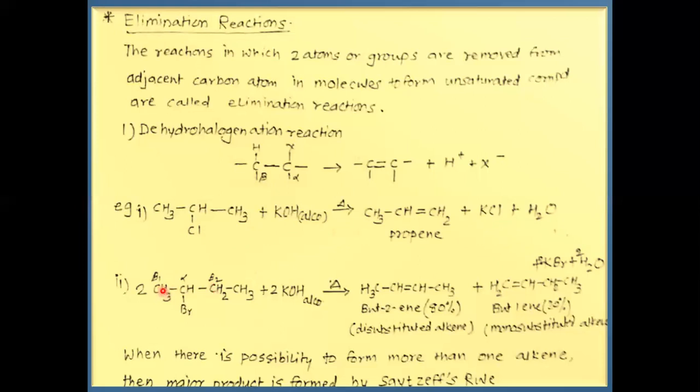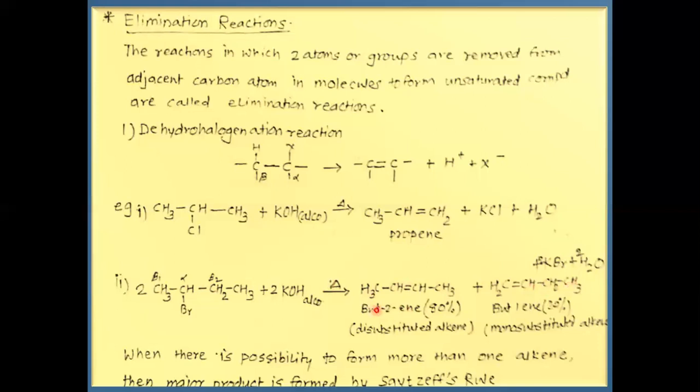Once, hydrogen from this carbon and bromine from the alpha carbon are eliminated, so a double bond forms here. Second, hydrogen from the other beta carbon and bromine from the alpha carbon are eliminated, and a double bond forms between these two carbons. So we get CH3CH=CHCH3 and CH2=CHCH2CH3.